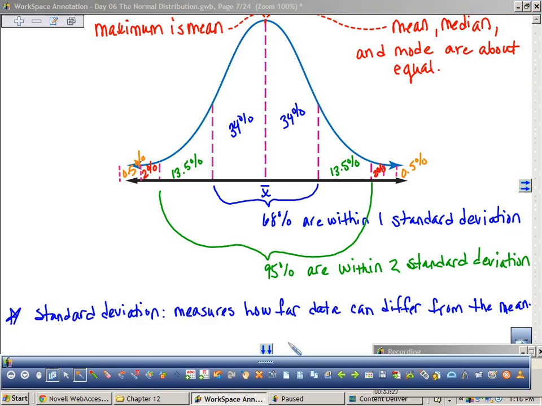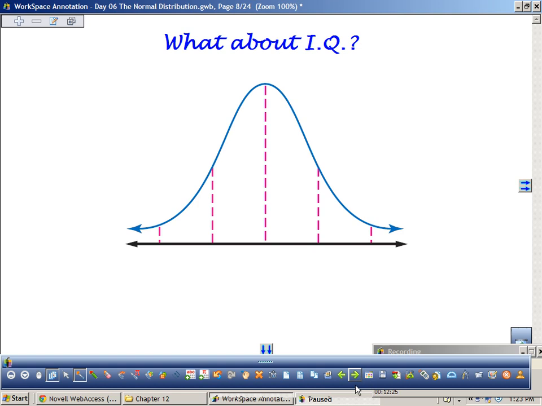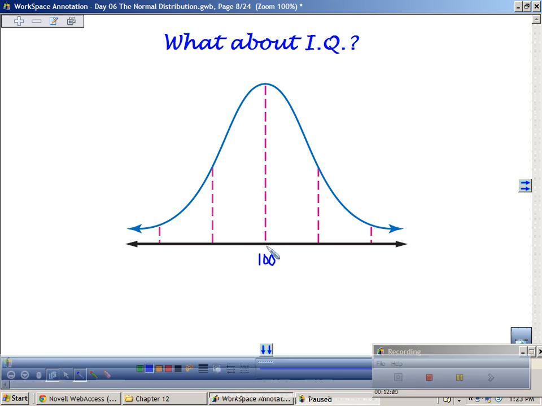Okay, so once you have that down, then let's make meaning of it. What about IQ? Does anybody know the average IQ? It's 100. One standard deviation for IQ is 15 points.